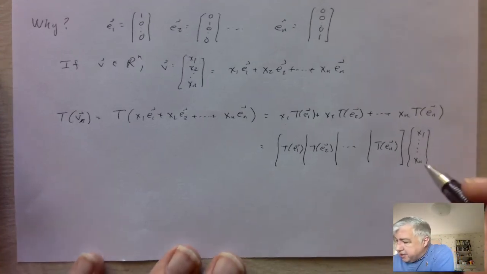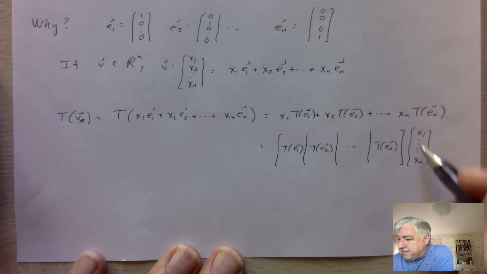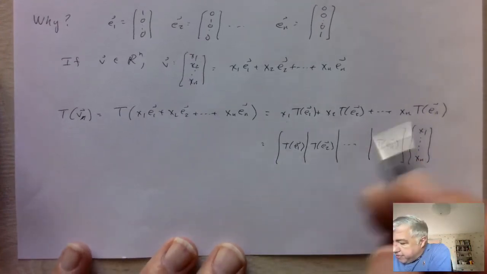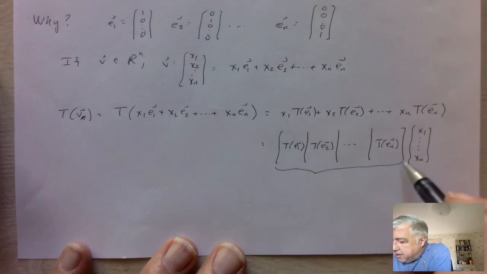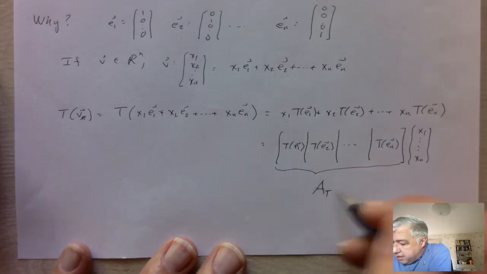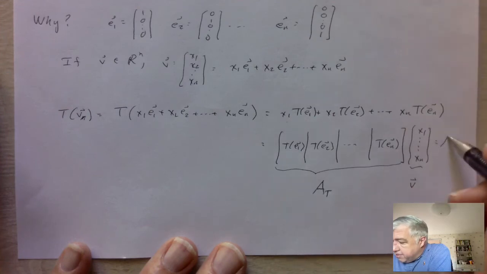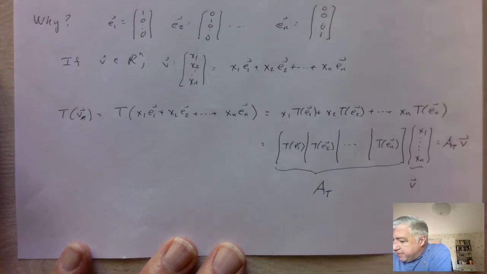And of course this vector is just v. So this is what we call A_T, and then this is v. So this is going to be A_T times v.